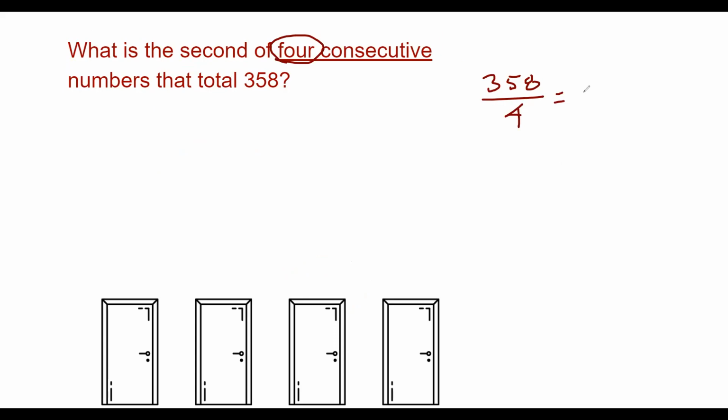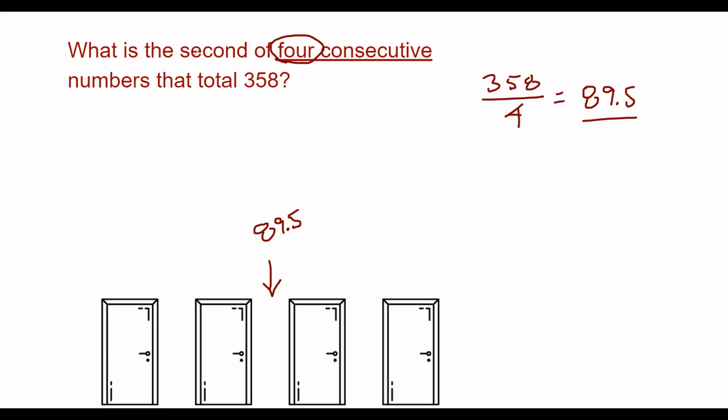And you get kind of a weird answer for this, 89.5. I wanted to go through one like this. And notice that when we have 4 doors, there isn't a middle. And that's kind of why we get this strange number, but we still want to make use of this number. That number is right in the middle of what we're looking for, and it's still useful, even though it's 89.5.